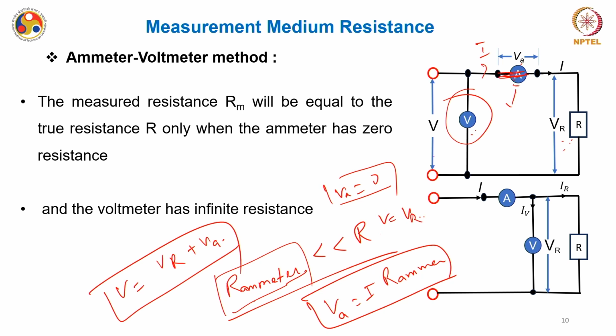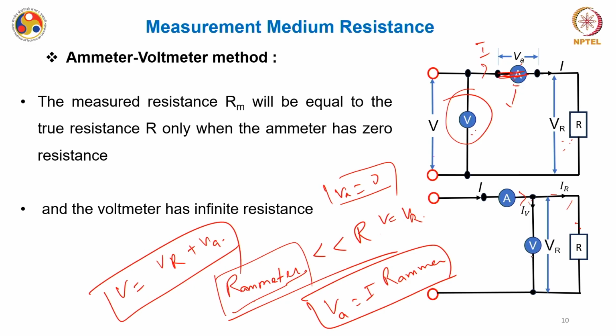Similarly, consider this case: I have a current I flowing through this ammeter, and this current I is not equal to IR, because it is getting distributed into two different currents. One is drawn by the voltmeter. We all know the voltmeter usually has very high resistance and this is the low resistance path, so most of the current will flow through this.